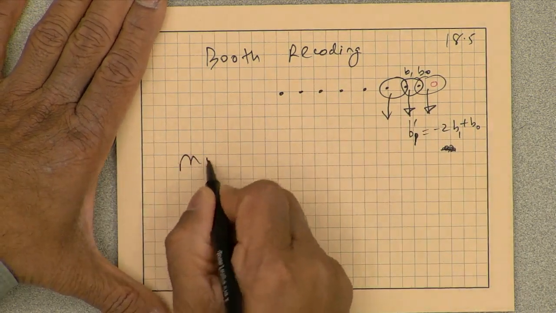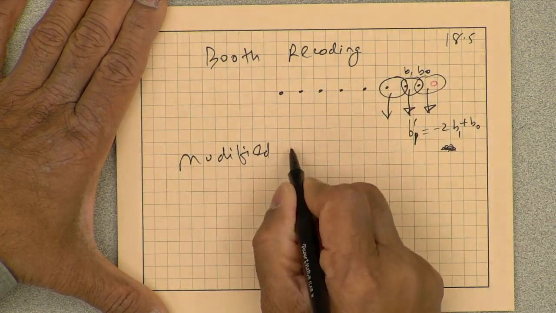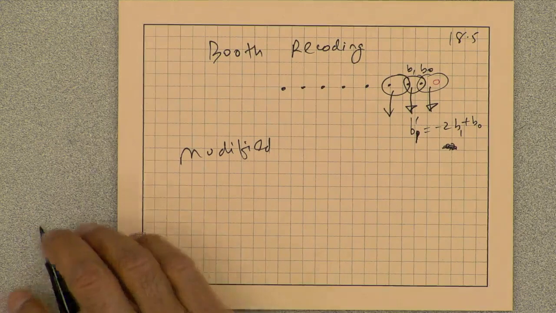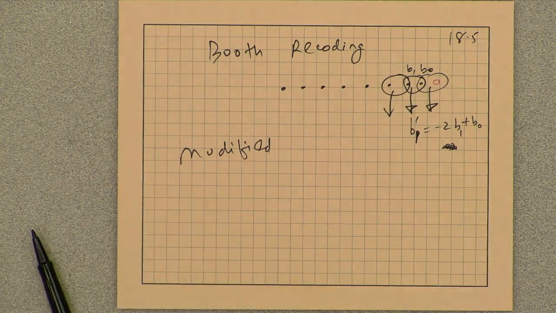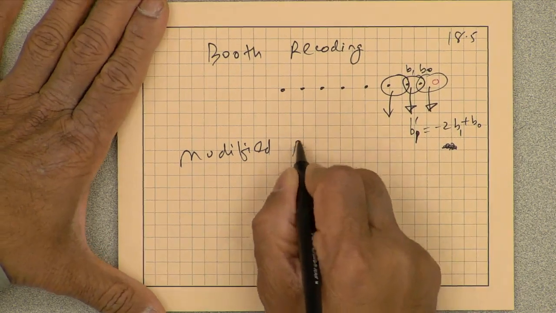So the modified Booth recoding uses this essence of Booth recoding. You can do some Google search and find out.